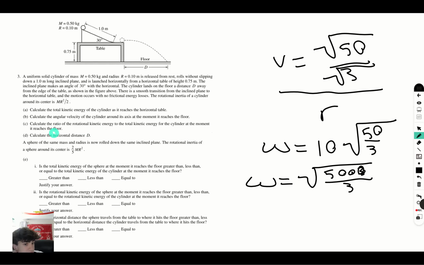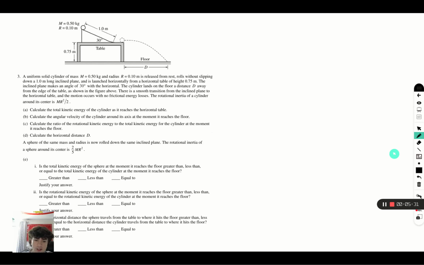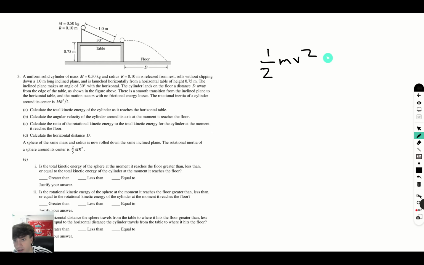Let's find the, it says calculate the ratio of the rotational kinetic energy to the total kinetic energy. So we actually already did that because the ratio doesn't really ever change unless the ball is rolling while slipping. So, the way we're going to do this, we know that what we found for our rotational kinetic energy is 1/2 mv squared, where our translational was mv squared.